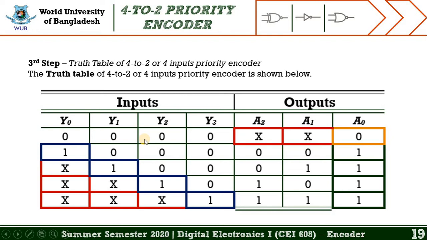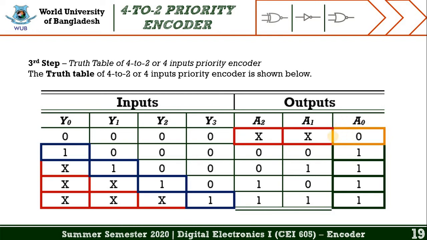That's why, in the output section, A2 and A1 should be in don't care condition, and that's why the third output, which is the valid bit detector, is 0.